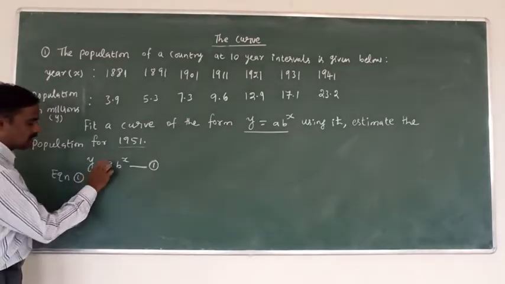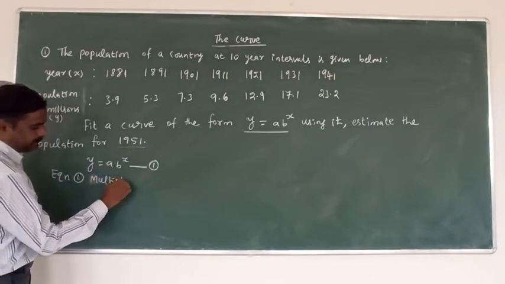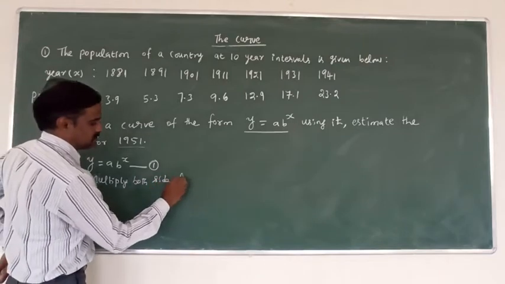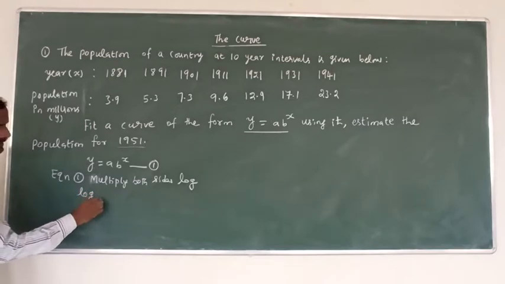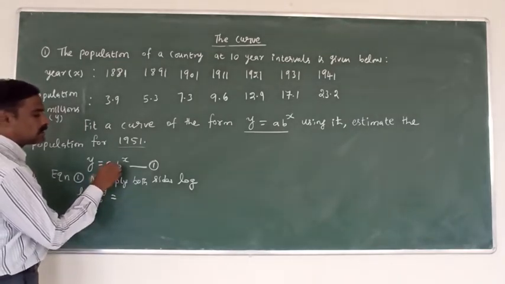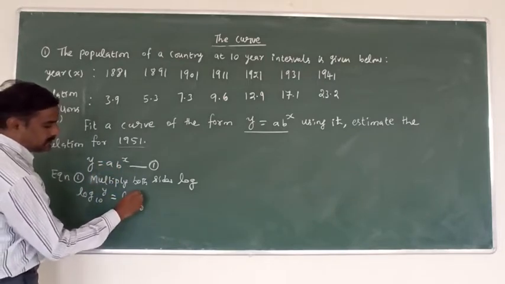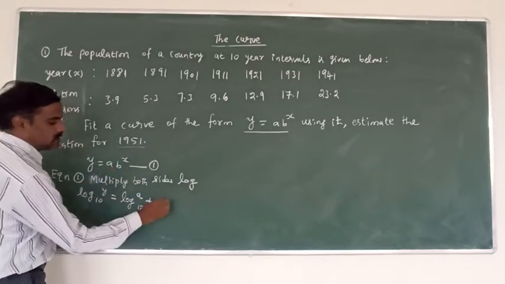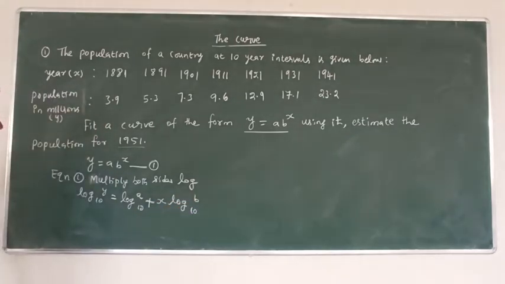For that, in equation 1, multiply both sides by log 10. Log 10 y equal to, this is for m dot n, log m dot n means log 10 power a plus, the power comes down, log 10 power b, 10 power b.